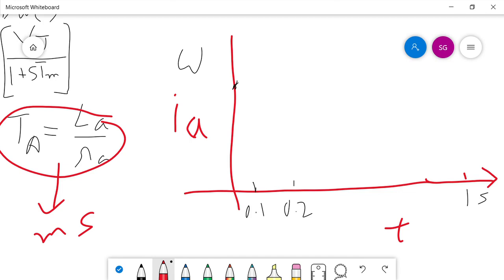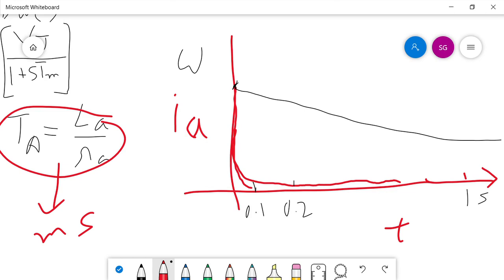So when we draw ia, it is in milliseconds, so it is a hundredth part of 0.01, and it is going to decay like this. Whereas omega has a time constant of 1.5 seconds, so it will decay like this. So when omega is changing, the armature current has already died out.